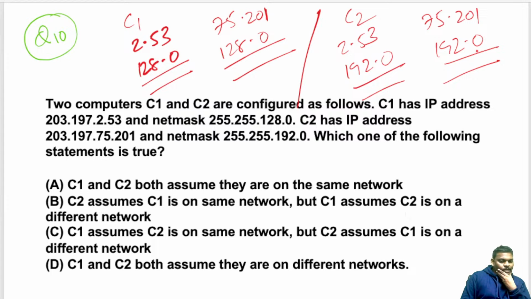Do the AND operation one time. I think it is 0.0. It is also 0.0. I think 2 octets.